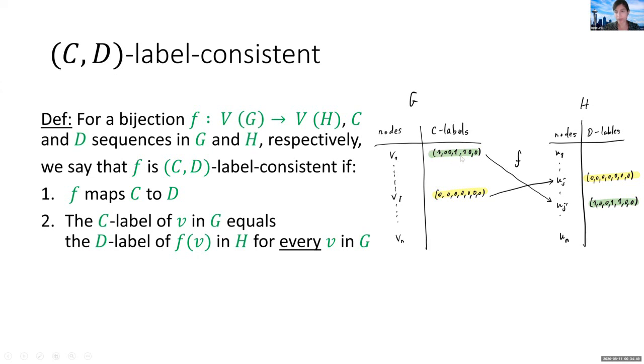Here in this example, we see that this node has this label and it is mapped to this node, which has the same label, and the same holds for this vertex, which is mapped to this vertex, and these vertices also agree on their label.